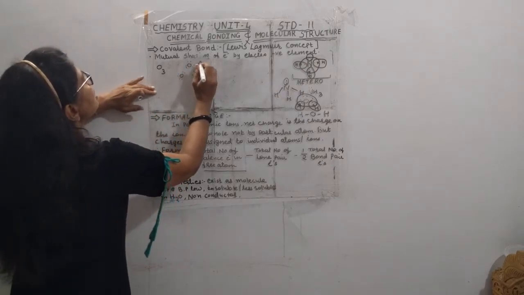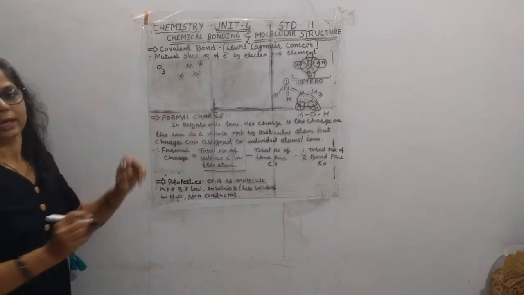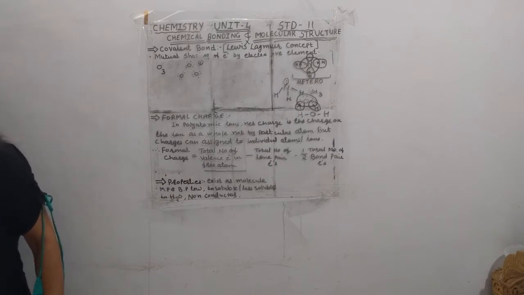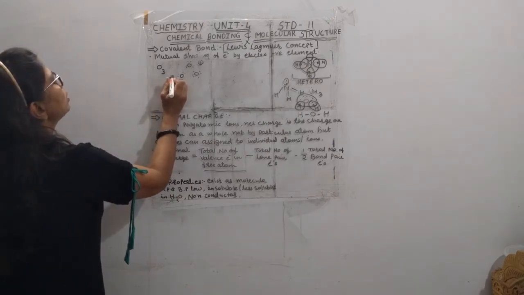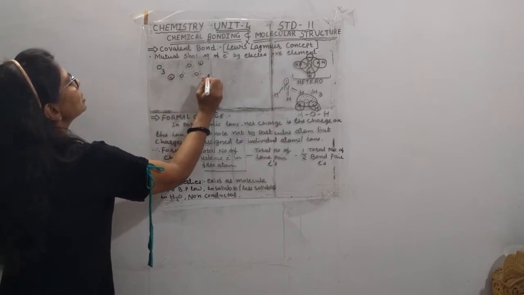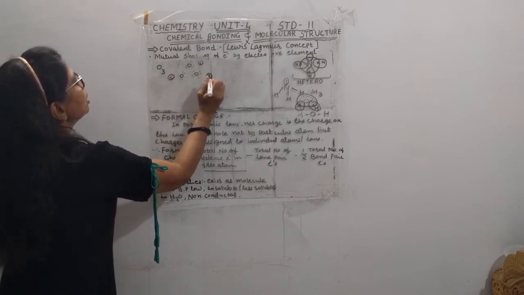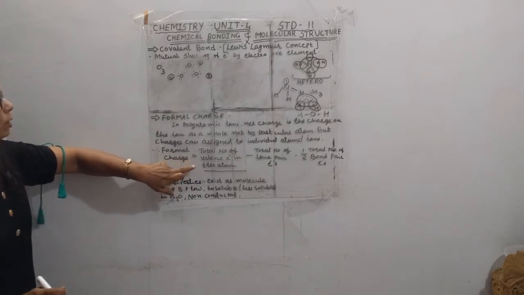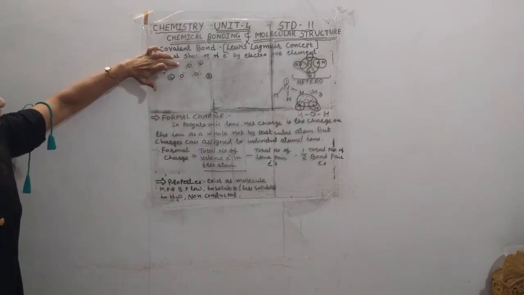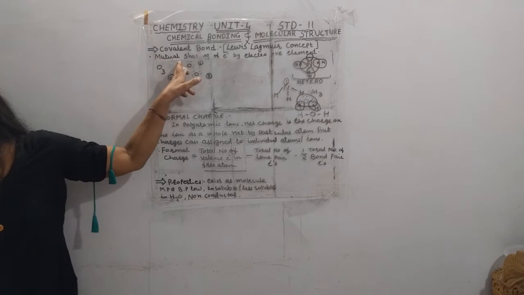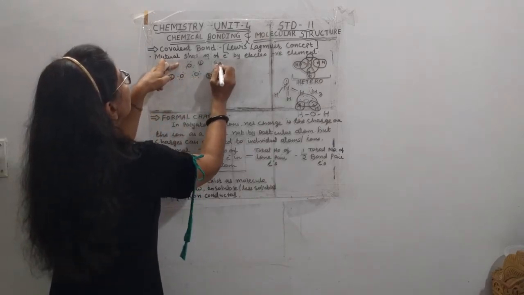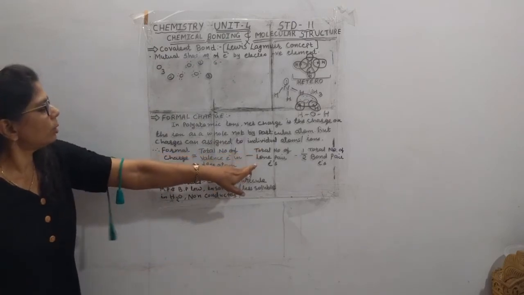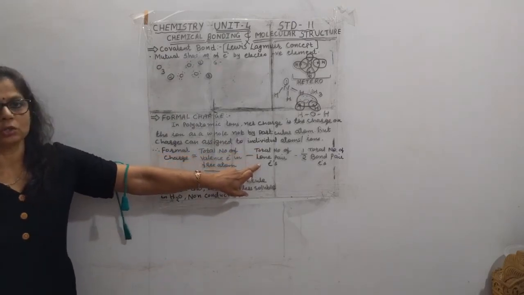Now suppose I consider this oxygen as number 1, another oxygen as number 2 and this as number 3. First of all, the total number of valence electrons in the free atom. How many valence electrons does it have, student? So you just write down 6. Now minus the total number of lone pair electrons.